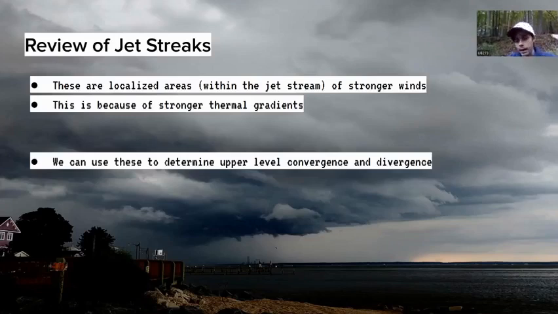But there are differing heights shown by the iso height lines, and here there's going to be a stronger gradient, so stronger change. So we can use where these jet streaks are to help determine upper level convergence and divergence. And we'll see how that is.